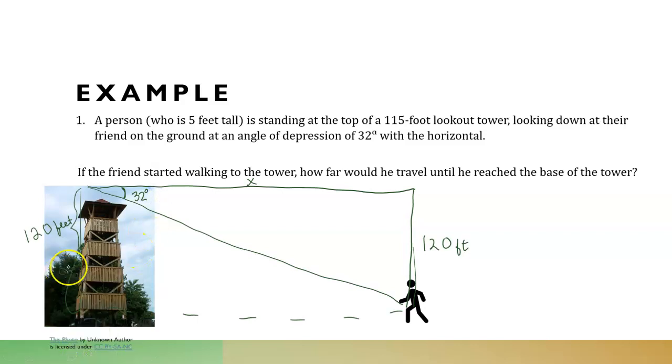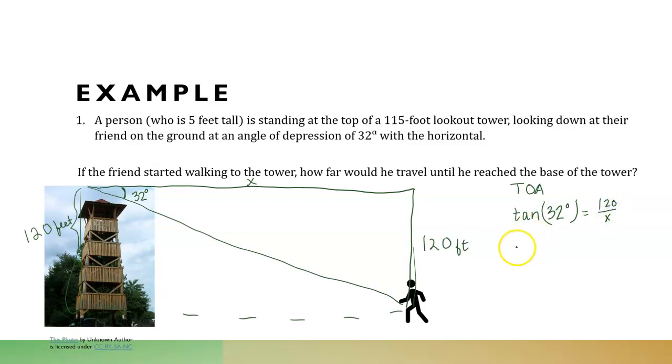Okay, so then I'm going to use my trigonometry. I know the opposite length and I want to know the adjacent length, so I'm going to use tangent. So I'll do tangent of 32. And remember, when you do sine, cosine, or tangent, the next thing should be an angle, equals 120 over x.